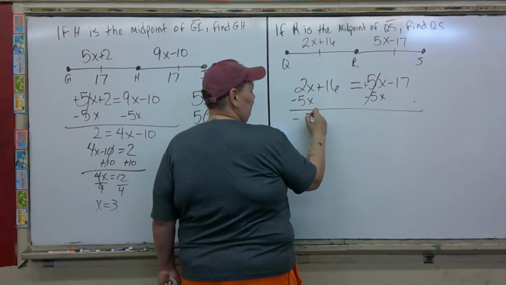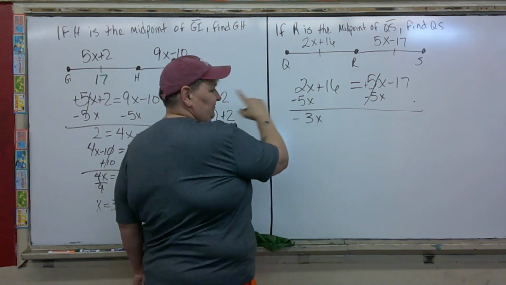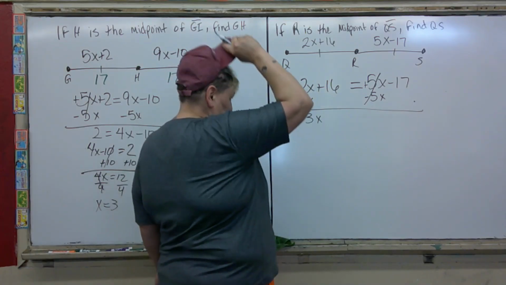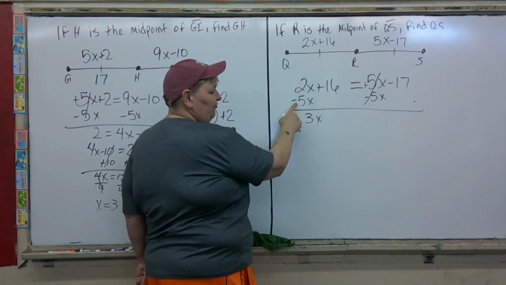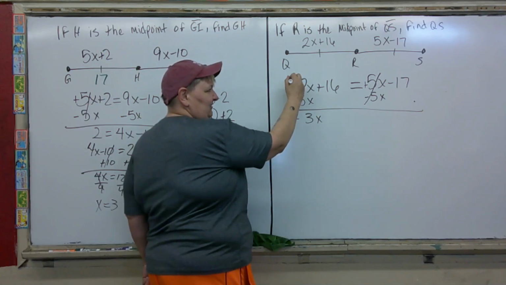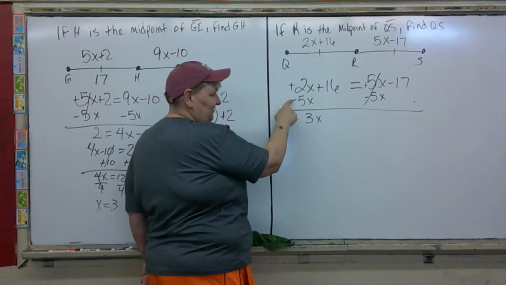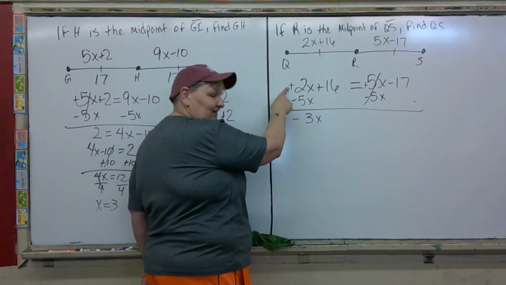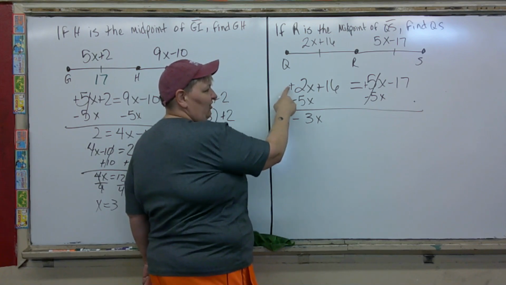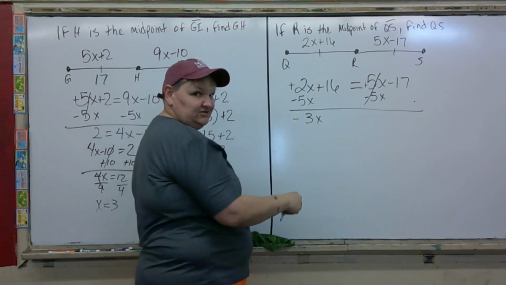That gives you negative 3x, right? Think about it like debt. If you owe $5 and you pay, negative means owe or cost, positive means pay, right? If you owe $5 and you pay $2, you still owe $3.